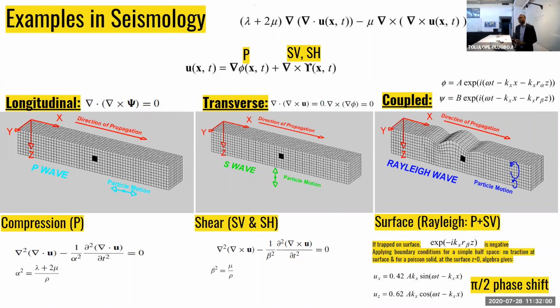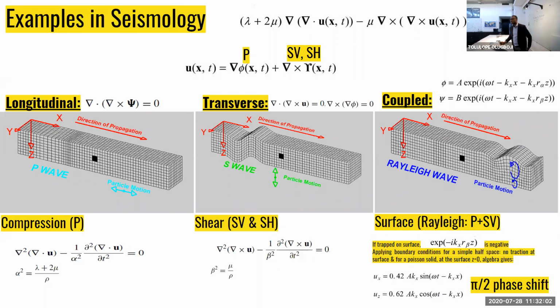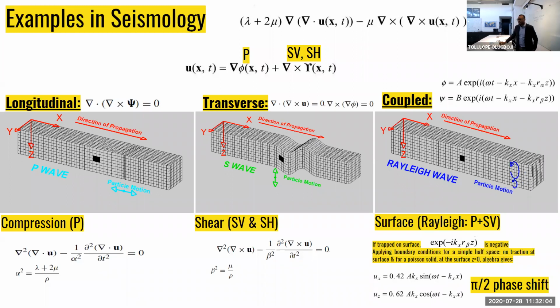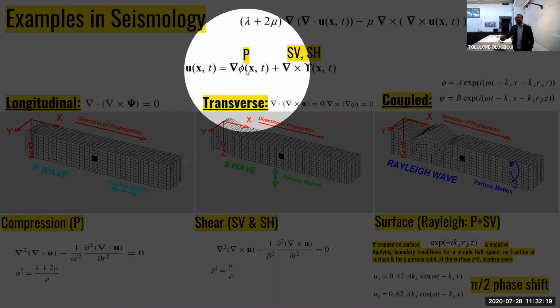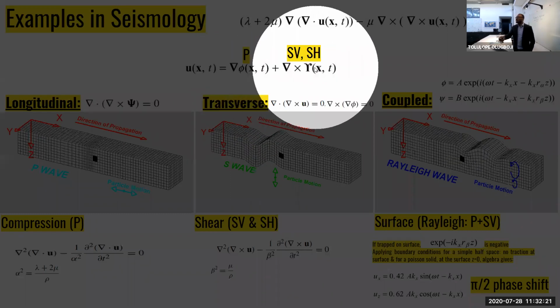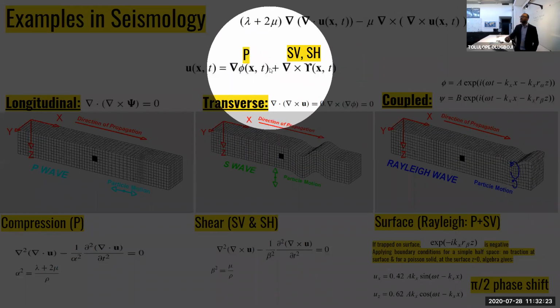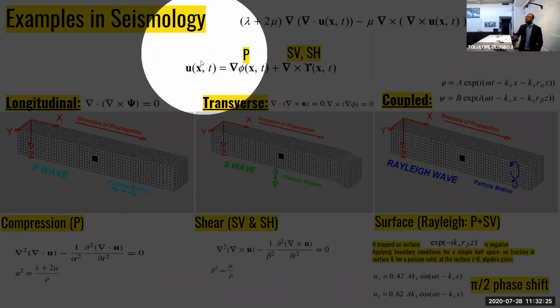We have one more question before we move forward. Some books say that the solution for the P wave is displacement, while the solution for the S wave is potential, and they are wondering if you can clarify that a bit. You can always go from displacement to potential, right? This tells you that the displacement is the grad of the potential and the curl of the potential. So if they tell you that it's potential, then you can always get back to displacement.